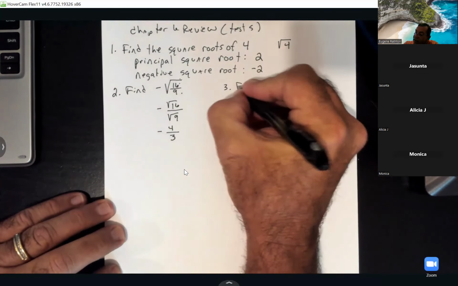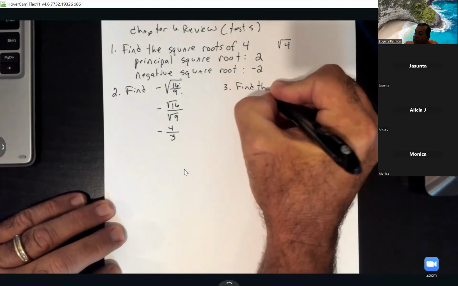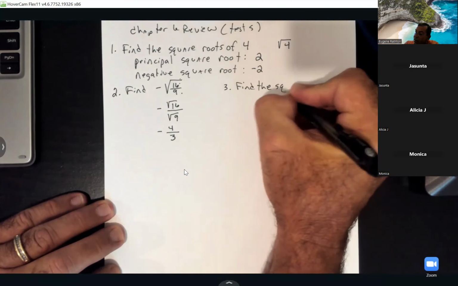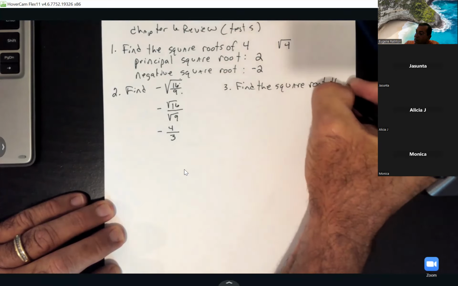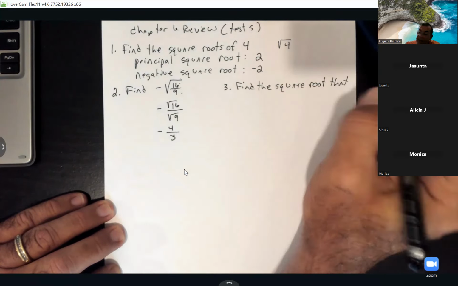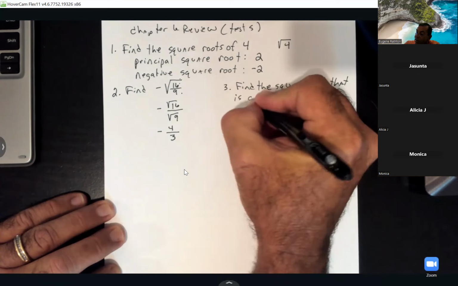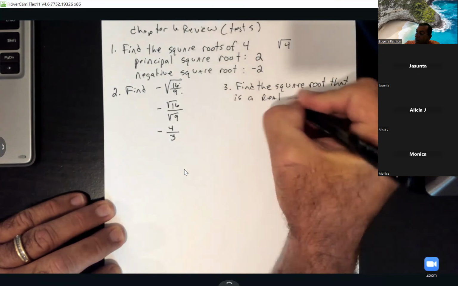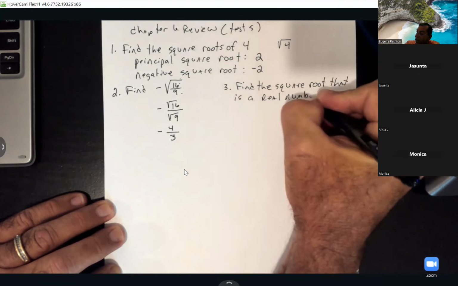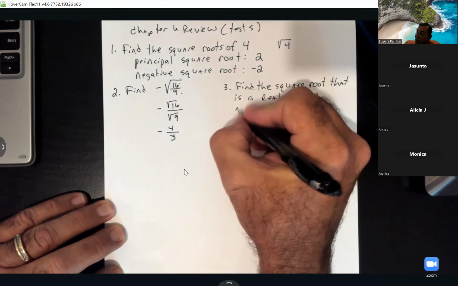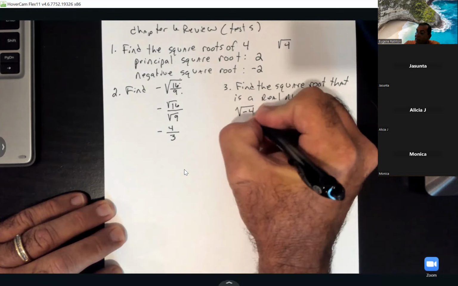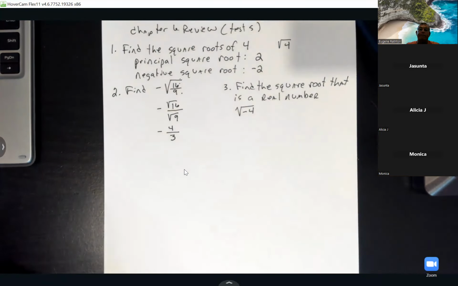So number 3 says find the square root that is a real number. And they're giving me a square root of a negative 4.